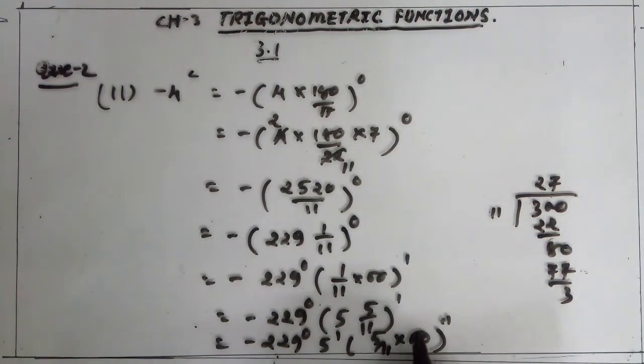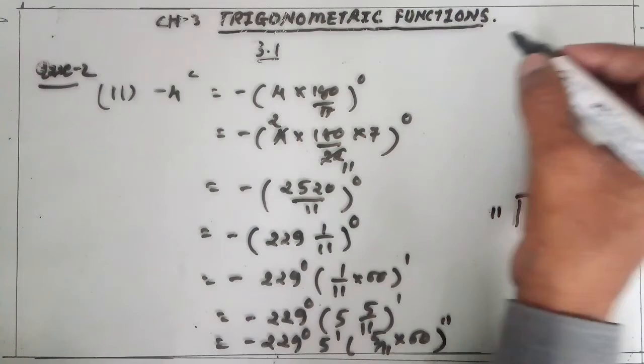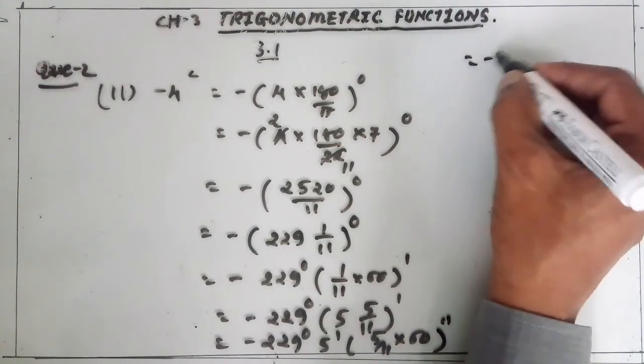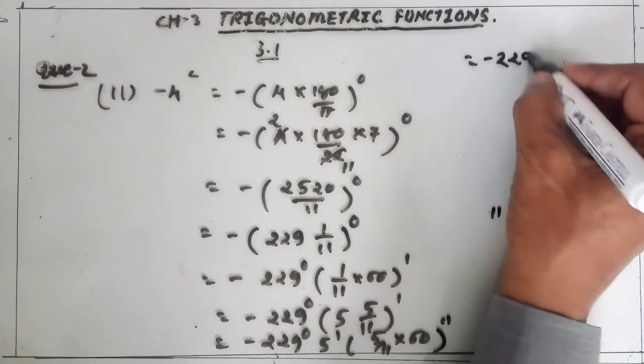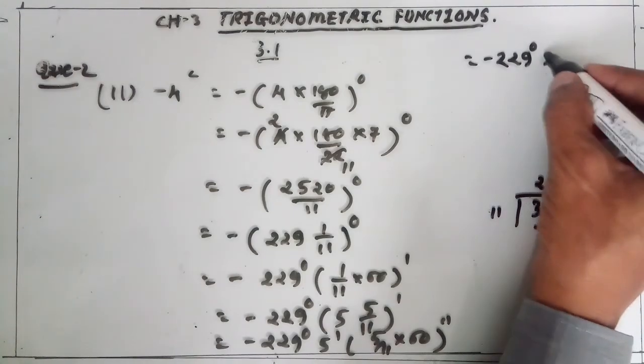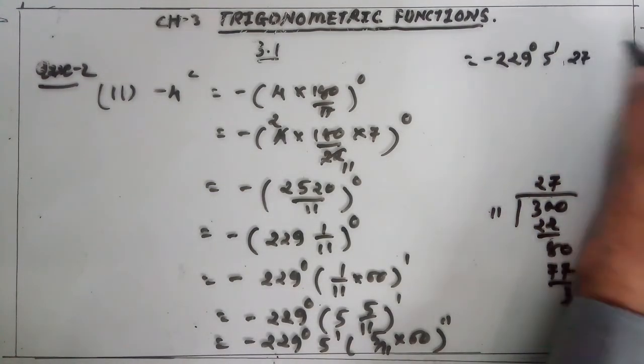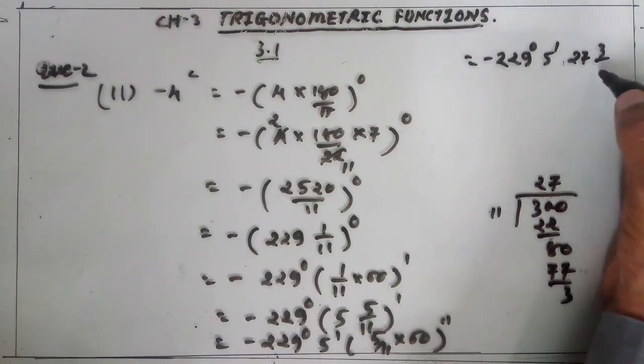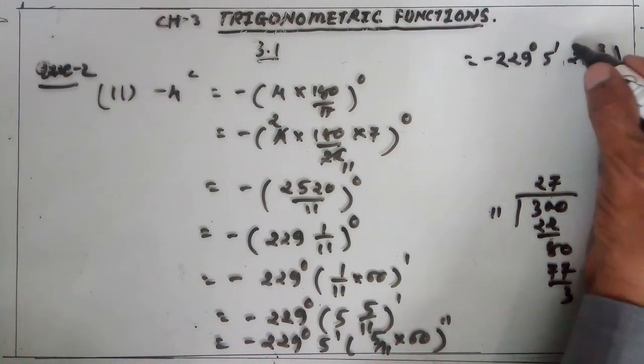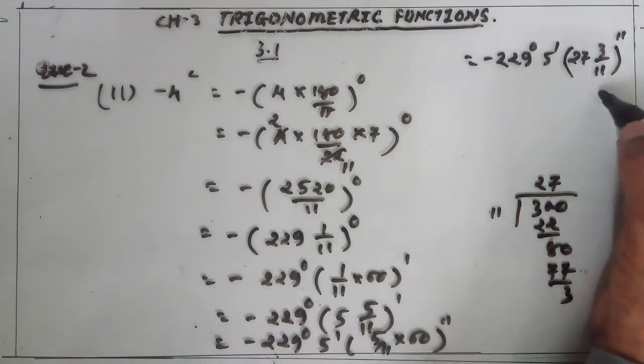So here we change this into simplest form. So the answer is minus 229 degree, 5 minutes, and 27 and 3 by 11 seconds. Clear?